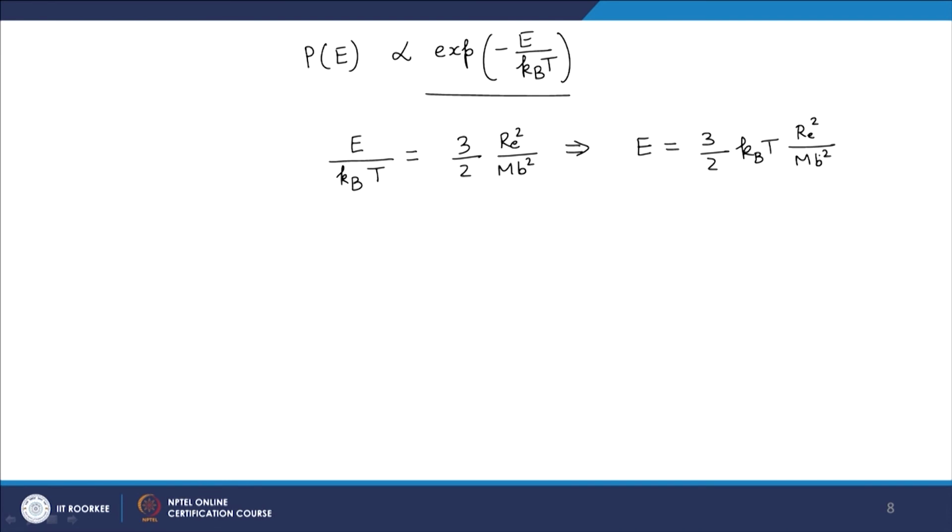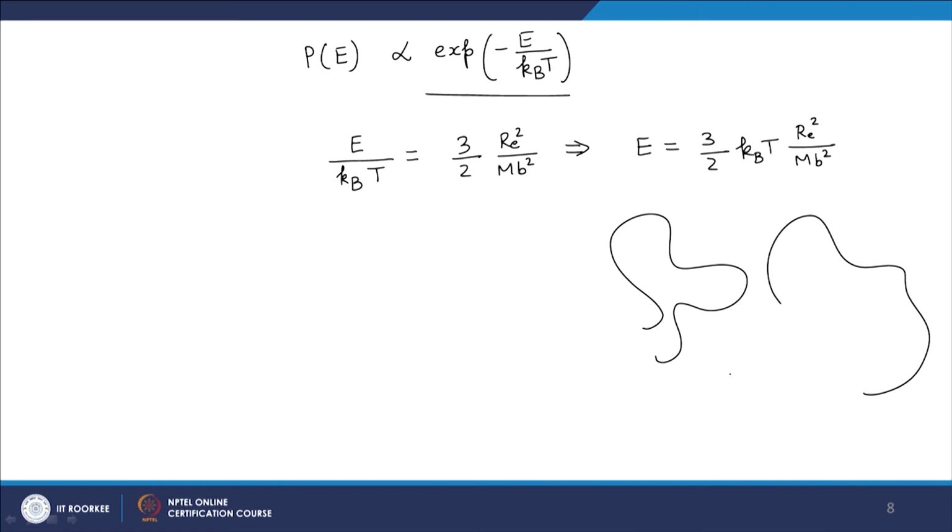And what essentially it means is, if we have say two conformations of polymer chain, this one and that one, and if this configuration has an R_e which is lower than the other configuration, then this will have more probability than this particular case.